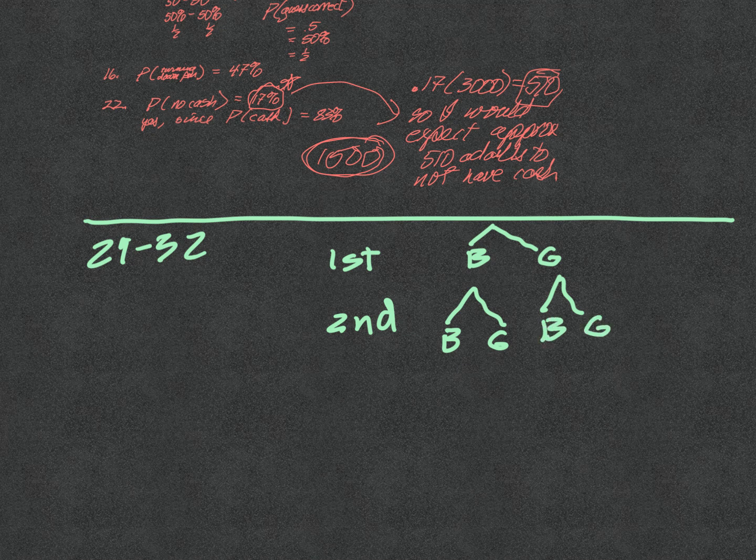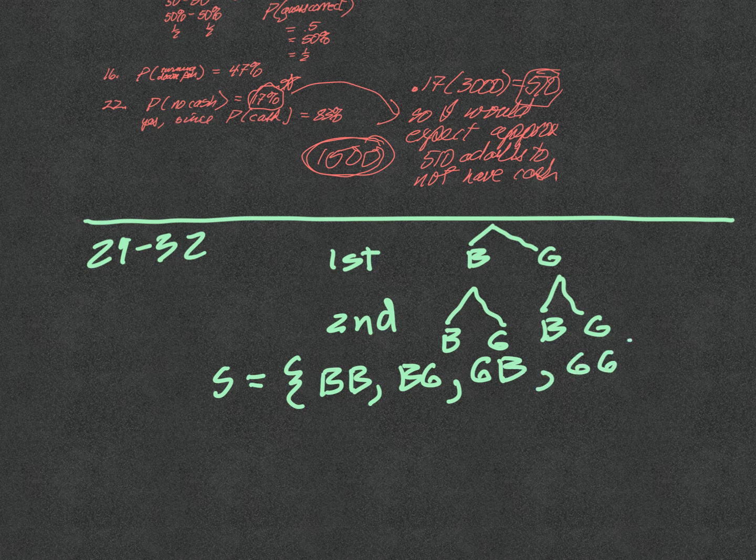Therefore, the outcomes, so the whole sample space, would be the set of either they had a boy and then a boy, they had a boy and then a girl, they had a girl and then a boy, or they had a girl and a girl.